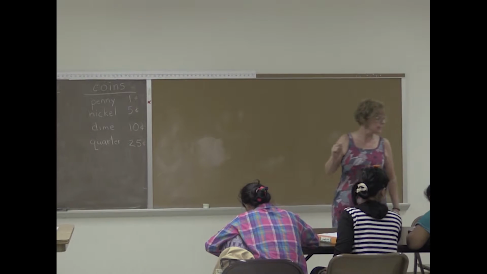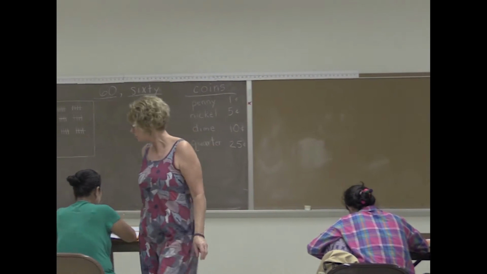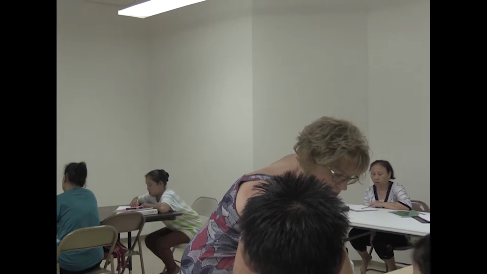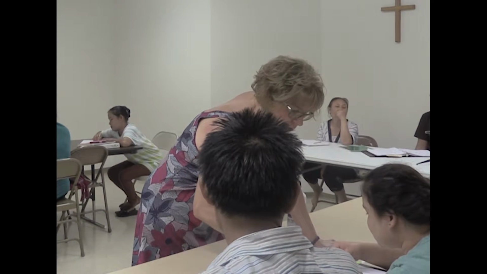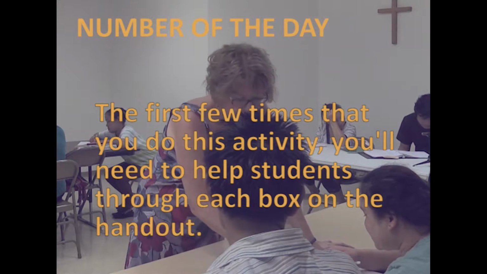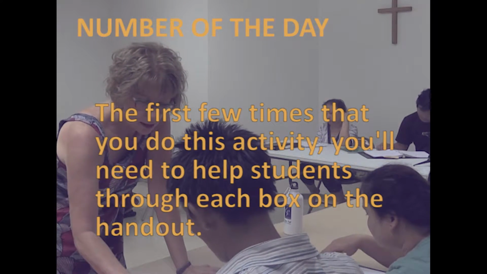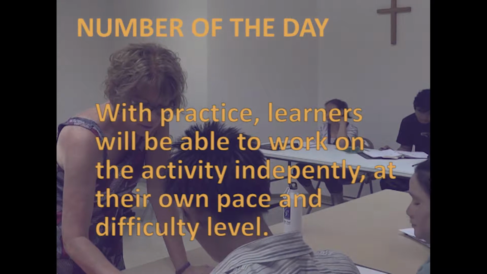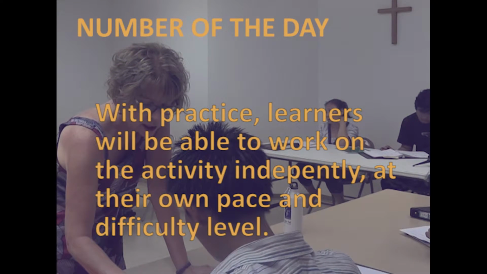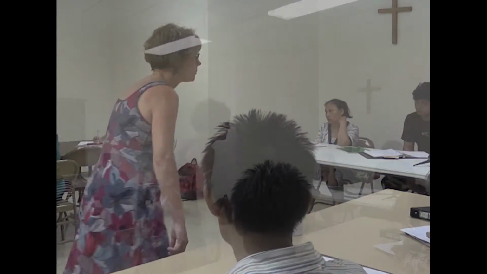When you have 60 tallies, put your pencil down. 44, 45, 46, 47, 48, 49, 50. Now count by 5s: 5, 10, 15, 20, 25, 30, 35, 40, 45, 50, 55, 60. Finished? Let's count by 5. 5, 10, 15, 20, 25, 30, 35, 40, 45, 50, 55, 60.